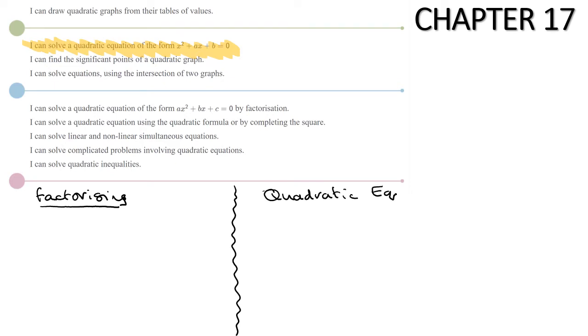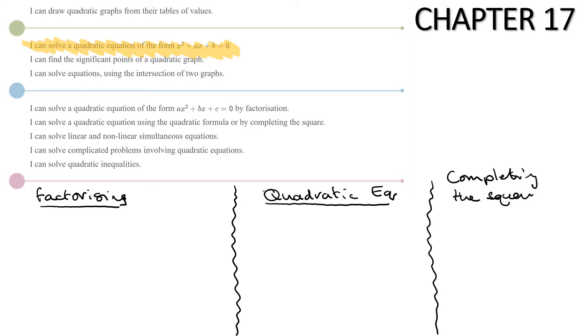Or we can solve them by something called completing the square. Completing the square is going up to grade 8, grade 9 when you're completing the square to solve them.